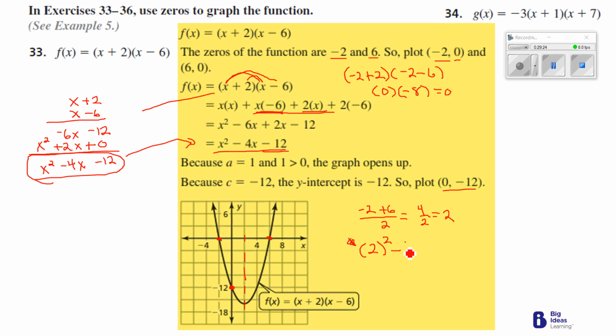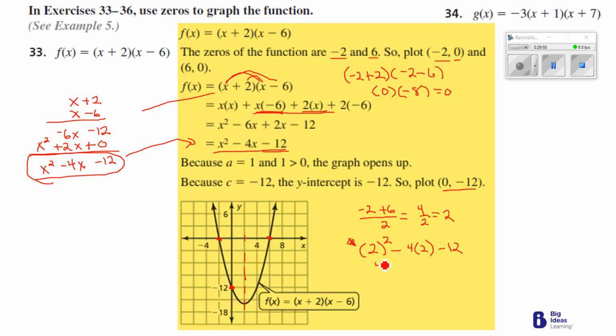And then we're going to take negative 4 and multiply it to 2. Sorry about that. All right, negative 4 multiplying it to 2. And then we're going to minus 12 from all that.